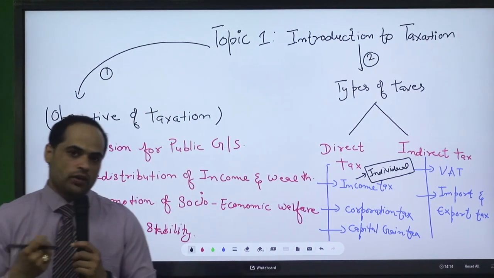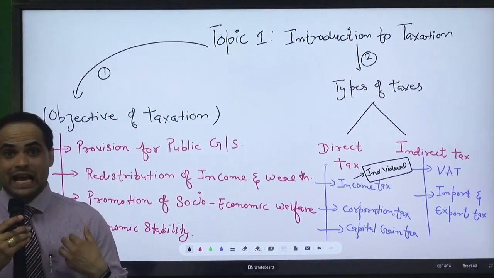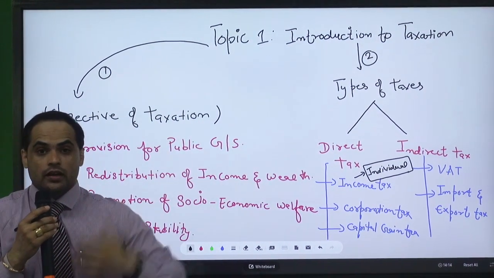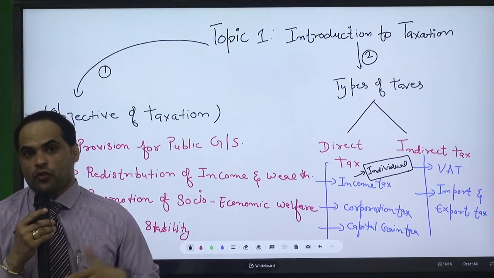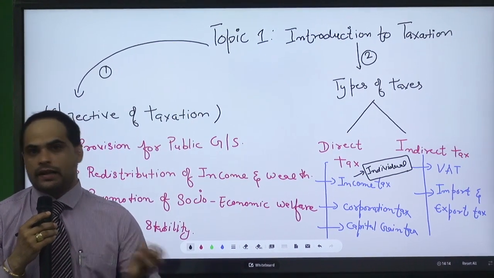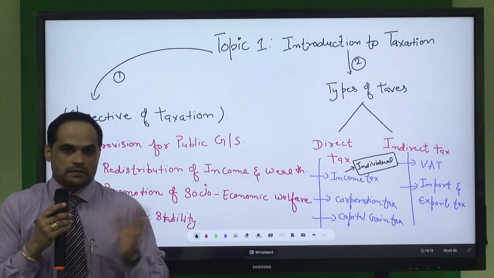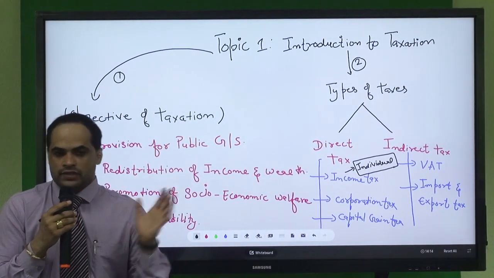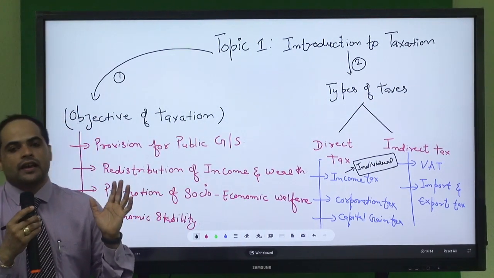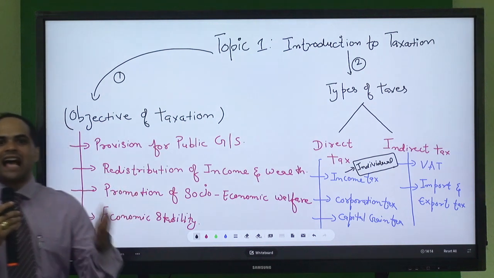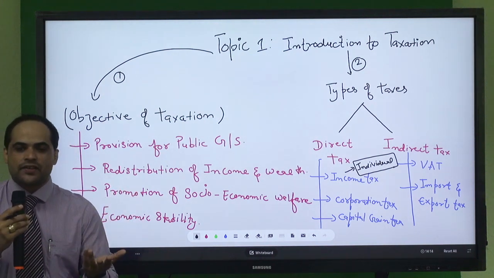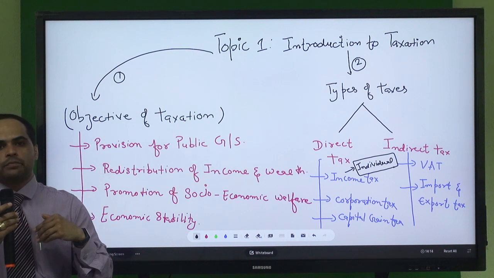So the best example for income tax is the tax on the salary. For example, I work for a university, and every month I receive a fixed amount of salary, and whatever tax I pay on that salary, that's called income tax.